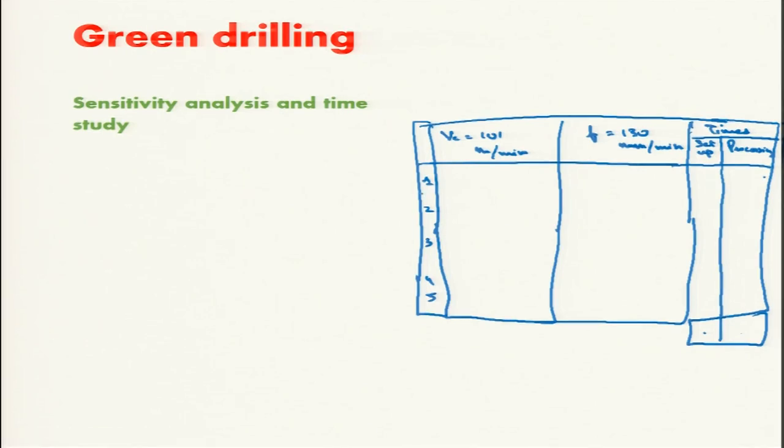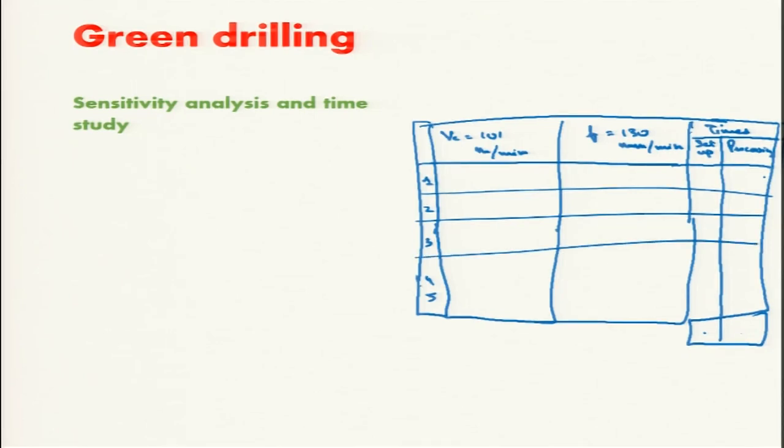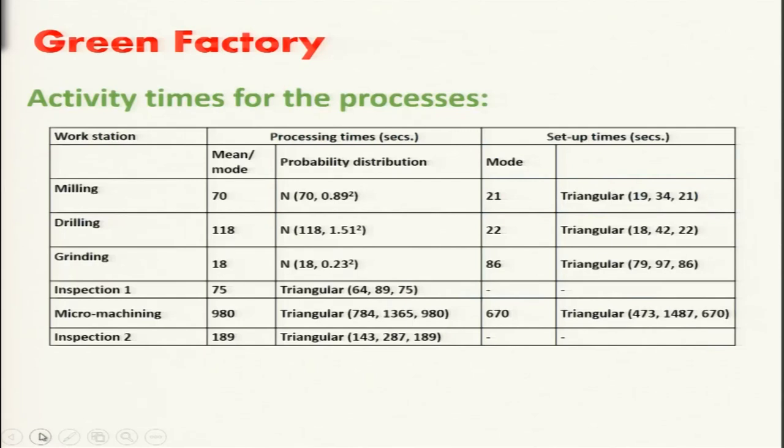We conducted 5 experiments and noted the setup and processing times, which were then averaged, and these average values were taken here as input for the processes milling, drilling, grinding, inspection. This is our line 1 and line 2 had micro machining and inspection.